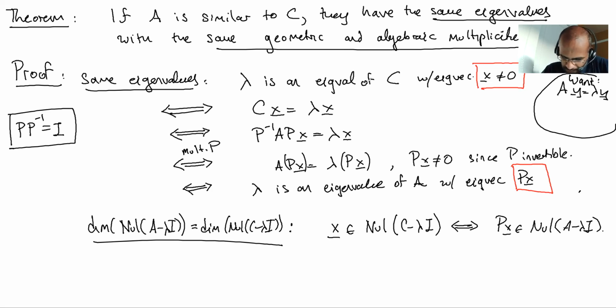You can check that this implies that P is actually an isomorphism between the null spaces, and so they have the same dimensions.